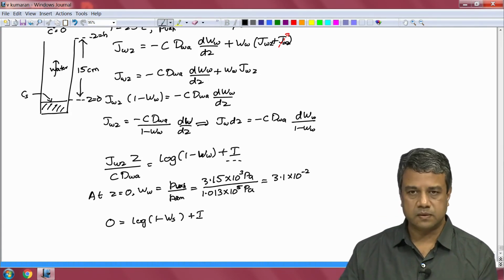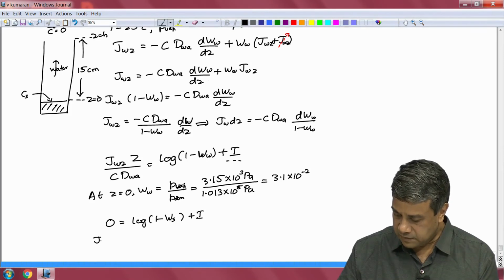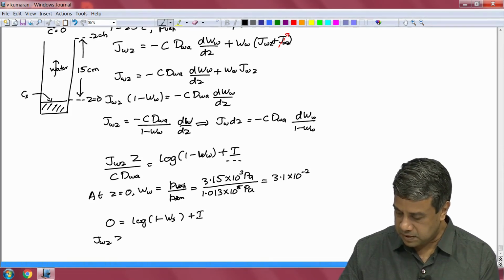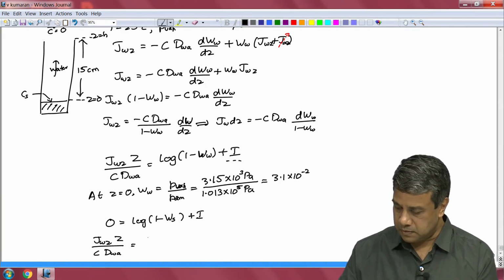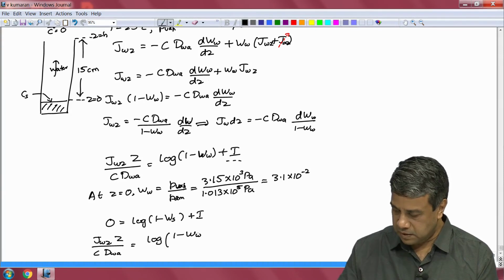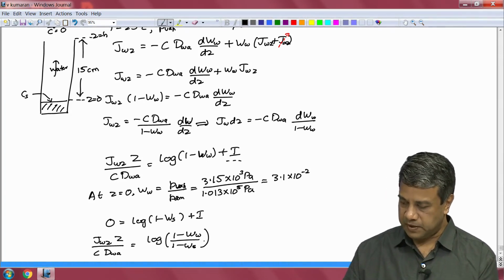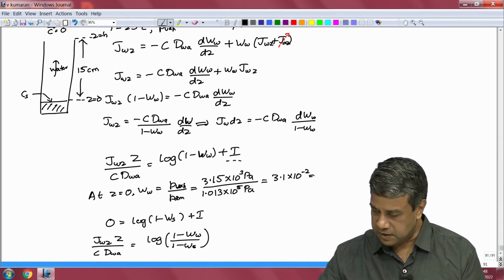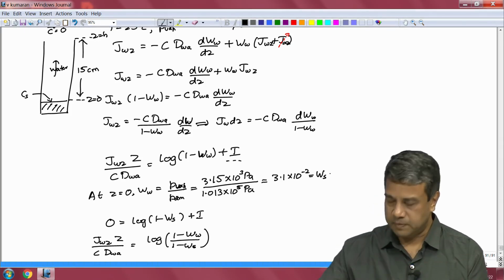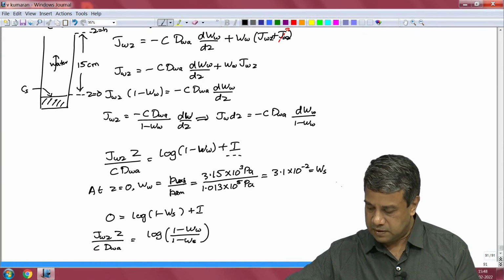So, I is equal to minus the log of 1 minus Ws, and my final equation for the flux becomes JWZ Z by C dWA is equal to log of 1 minus the water mole fraction by 1 minus the saturation mole fraction. And the saturation mole fraction is this one based upon the vapor pressure. So, this is the final solution.